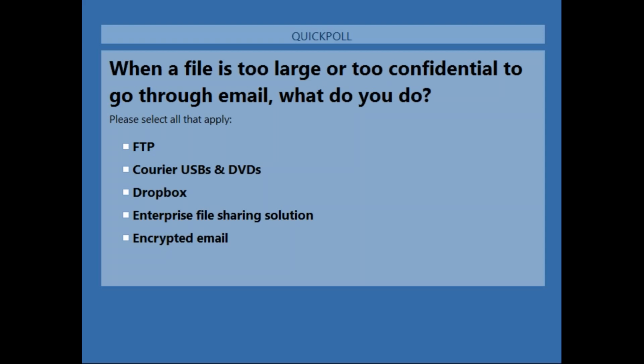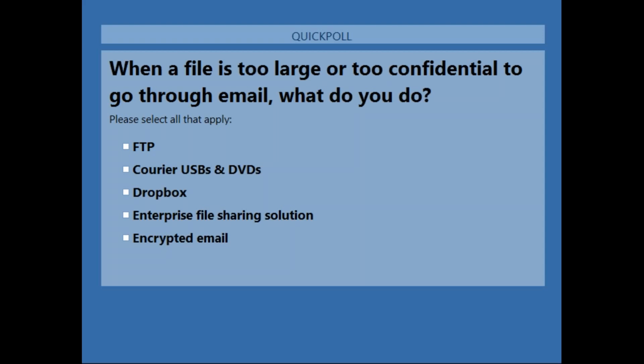So in these types of scenarios, I'm trying to get a better picture of today's attendees. What tools are you using within the organization? You can select more than one. So there's FTP and couriering of USBs and DVDs for large file transfer. We talked about solutions like Dropbox and Google Drive. You may have an enterprise solution in place, and you may also have encrypted email in certain circumstances for sharing that sensitive information.